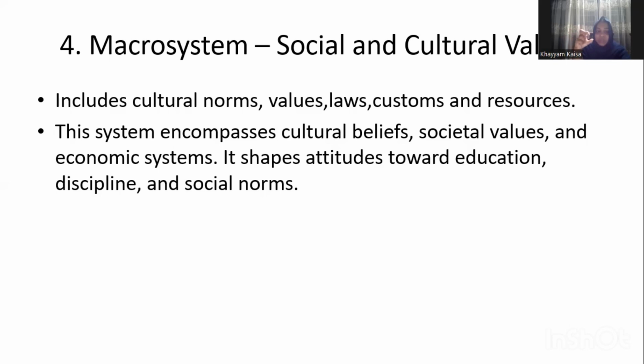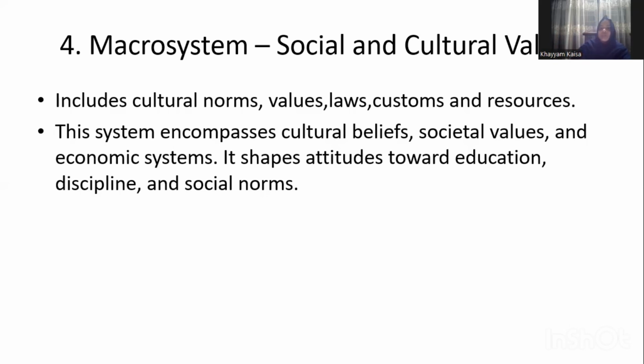A classroom may include students from diverse cultural backgrounds with different beliefs about authority, discipline, and learning. As teachers, we should manage this by promoting inclusivity, respecting differences, and adapting their strategies to be culturally responsive.